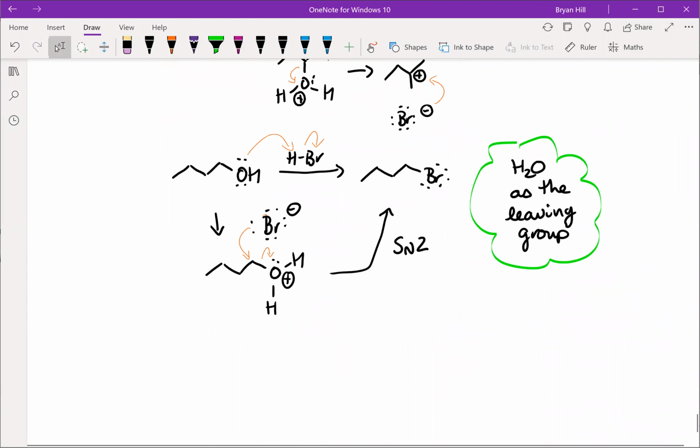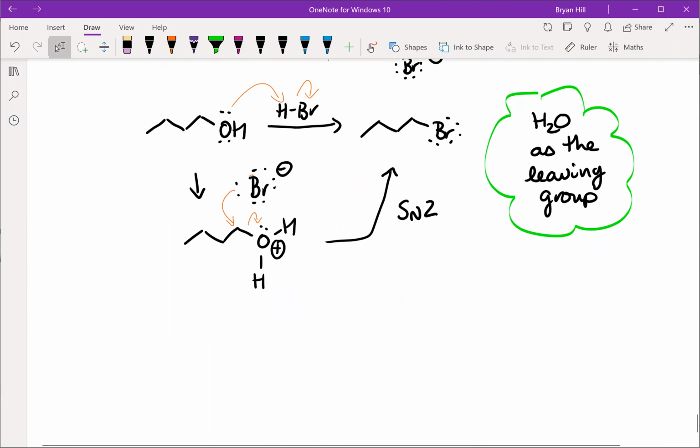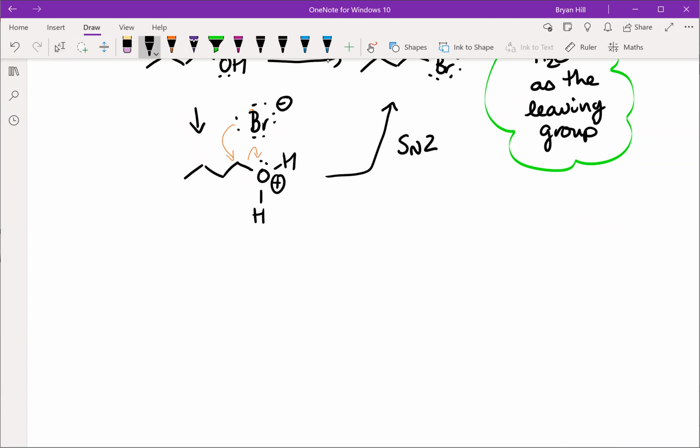The other thing that we did, which you might remember, is that you could convert an alcohol to a good leaving group. The reagents we used for that were something which looks like this.